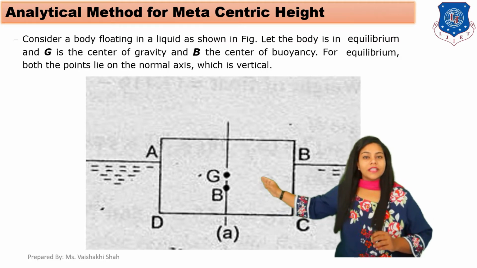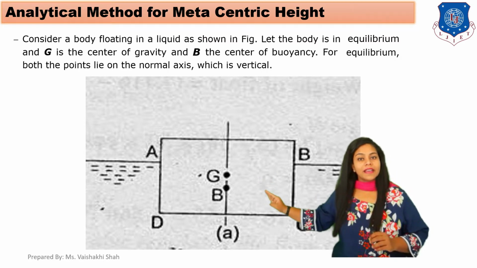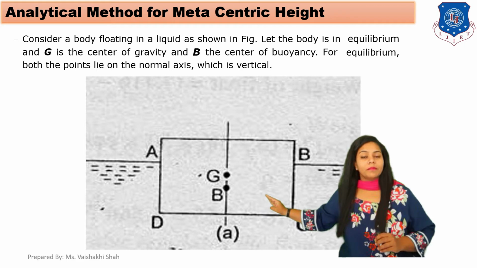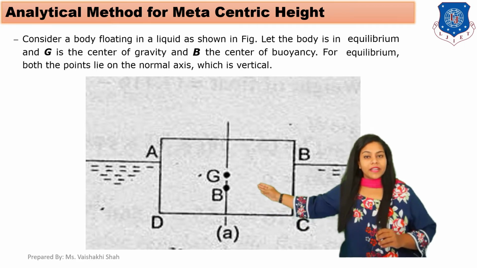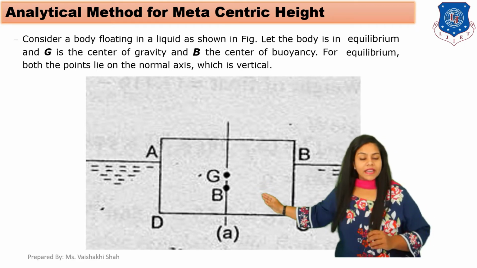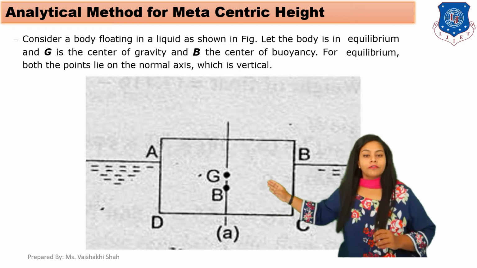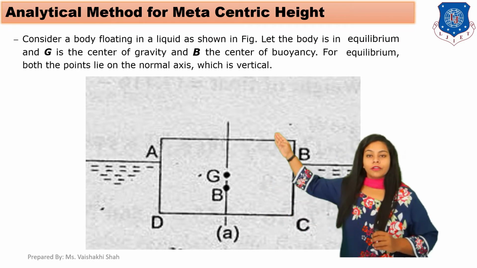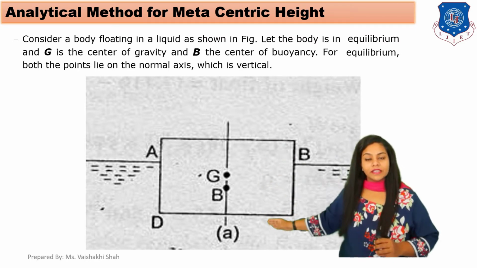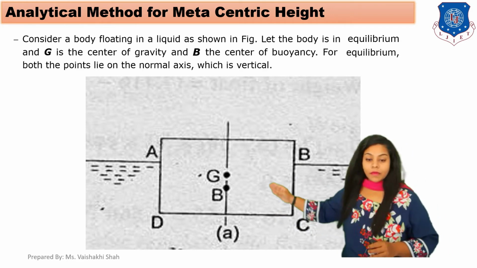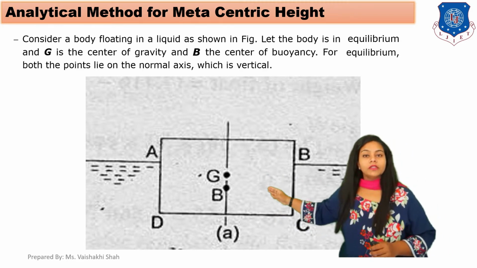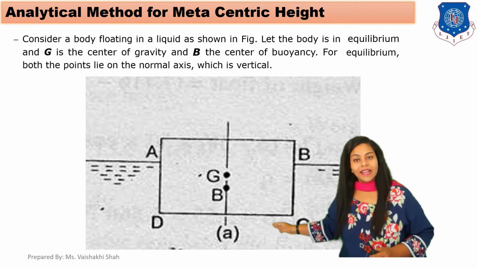Center of buoyancy is always below the center of gravity for equilibrium condition. So G indicates center of gravity and B indicates center of buoyancy. For equilibrium, your normal axis is vertical. As you can see in this diagram, both points B and G are on the vertical axis.